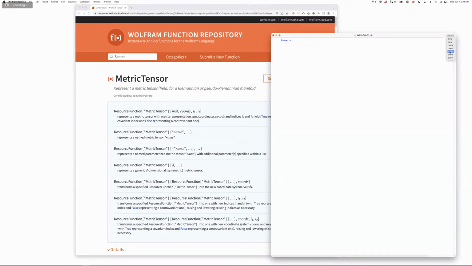Okay. Metric tensor. Oops, very bad. Well, it's going to fail there.